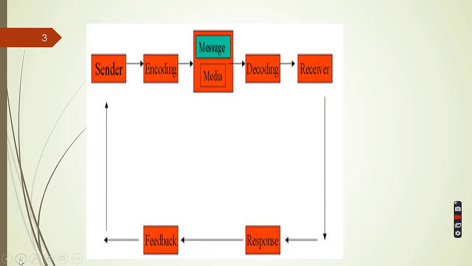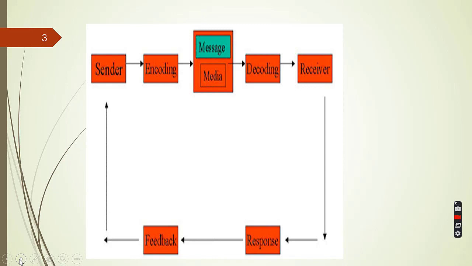Here, this is the process of communication with all its elements, where a message in the form of ideas, thoughts, feelings, or opinions is transmitted with the intent of creating a shared understanding. The first element is sender. The sender or the communicator is the person who initiates the conversation. He creates a message.